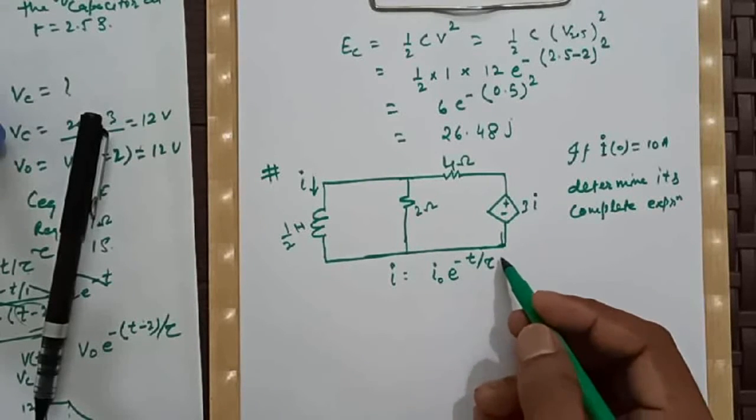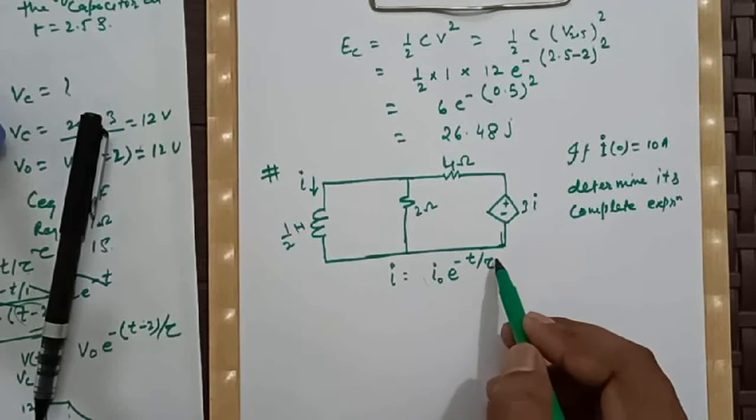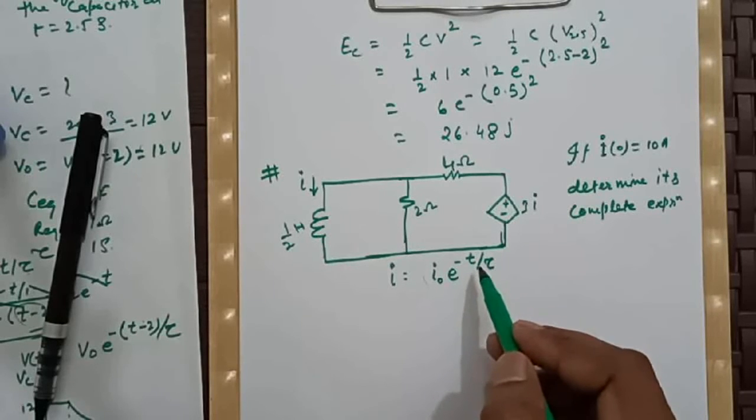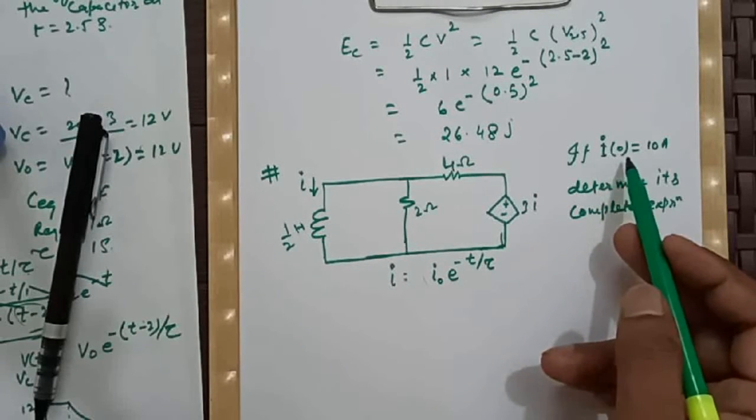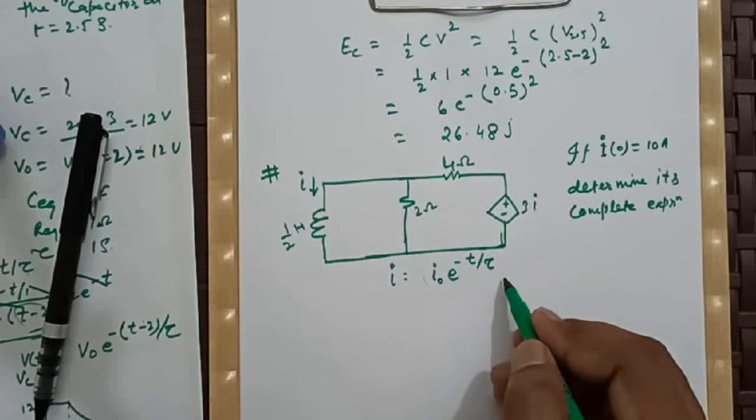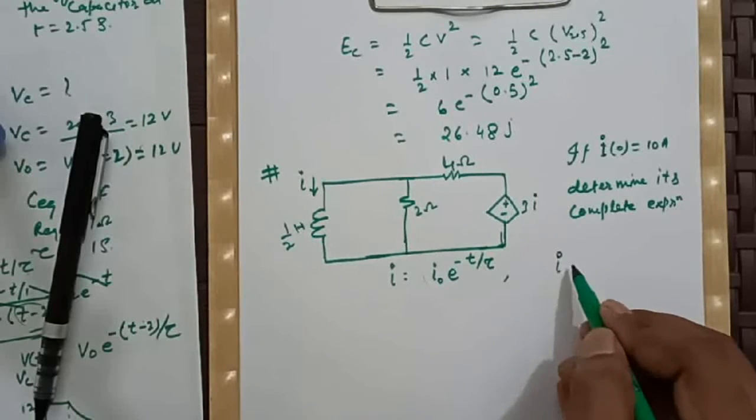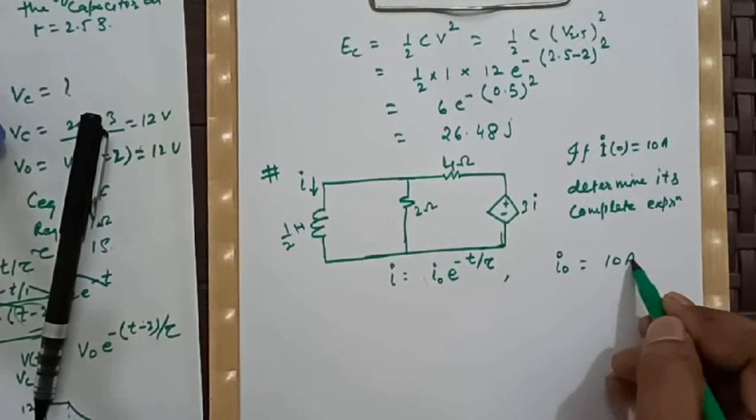So our target is to find I naught and tau. In the question itself they have given I naught is equal to 10 ampere. Our own problem is solved. I naught is 10 ampere.